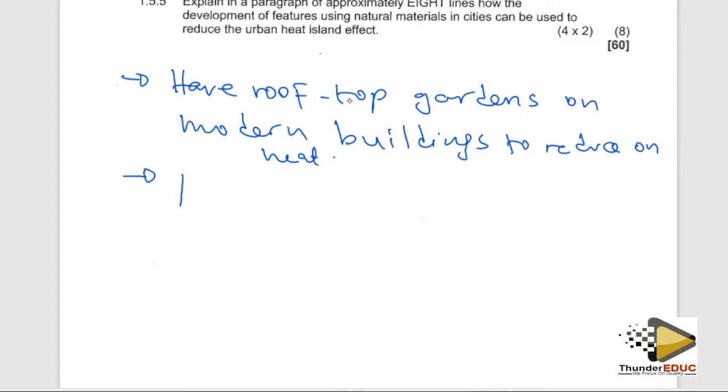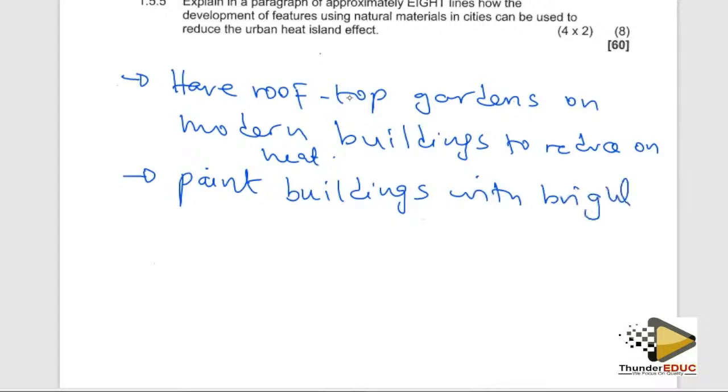As well talk about painted buildings with brighter colors that reflect heat. Because we know that dark colors absorb, but if you use brighter or lighter colors, they reflect the heat, making the area not to be too hot.